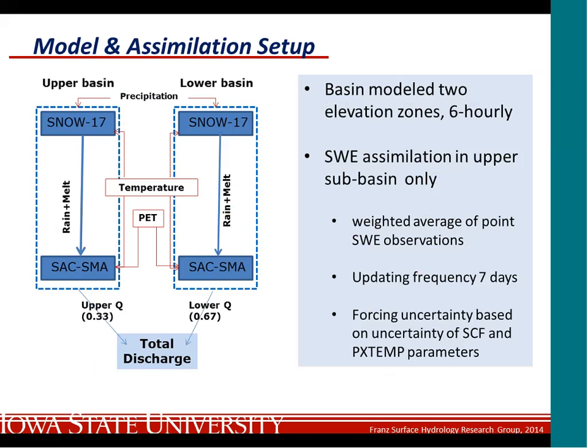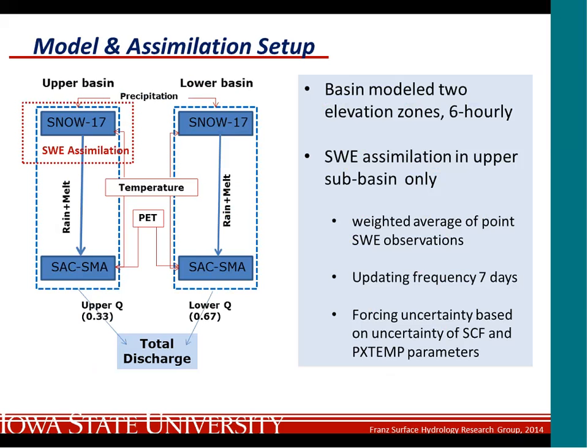They apply the models in the upper zone and the lower zone, and then the output from those are weighted or routed using some sort of technique to get total discharge at the outlet. They're primarily concerned with just discharge at the outlet of the watershed. Just a reminder, the assimilation only occurred for that upper basin because that's the only zone where we had observations. It's also the zone that's primarily important for modeling snow.